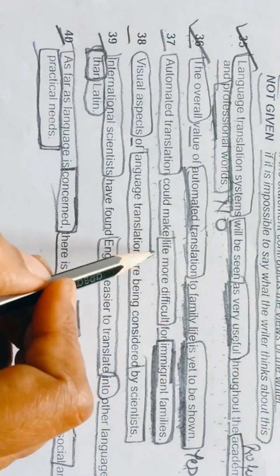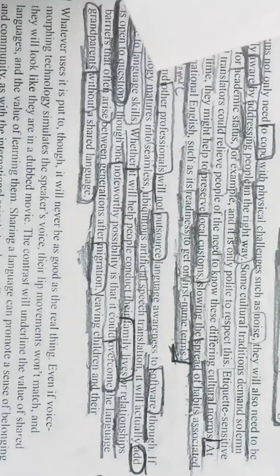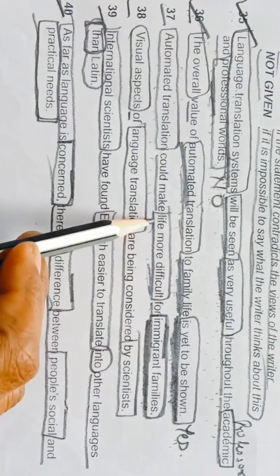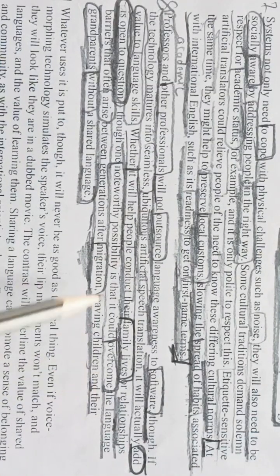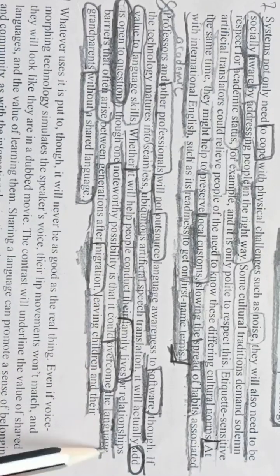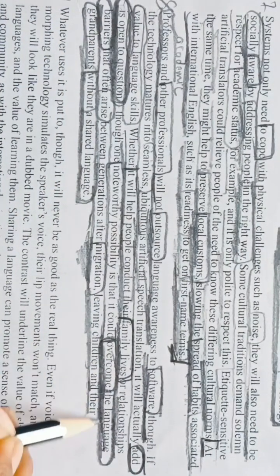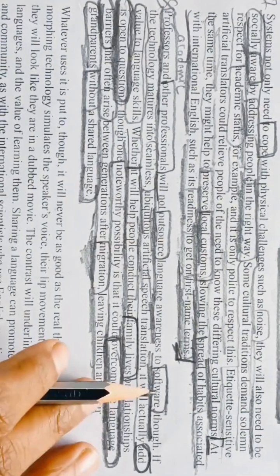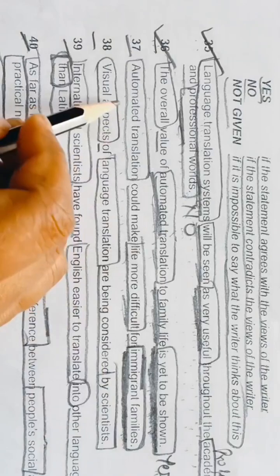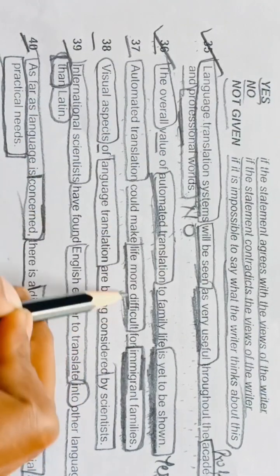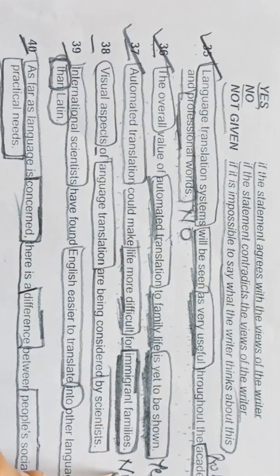Automated translation would make life more difficult for immigrant families, and in the question they are asking that life will become more difficult, and in the passage they are saying it would overcome the language barriers. So both the statements are contradicting.